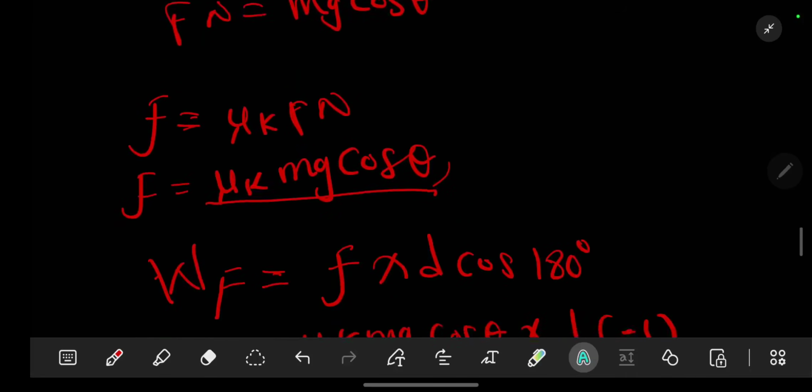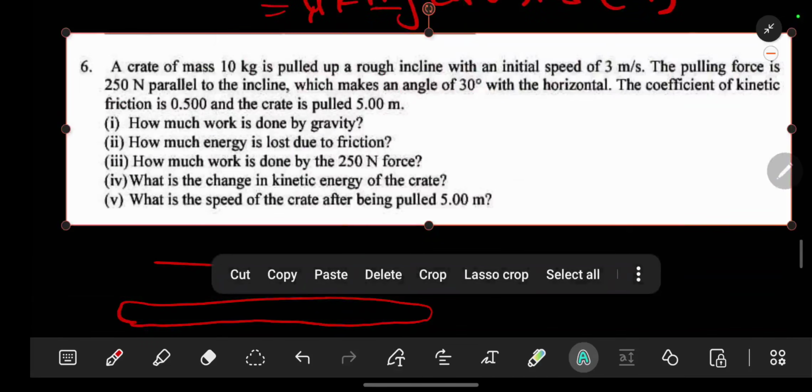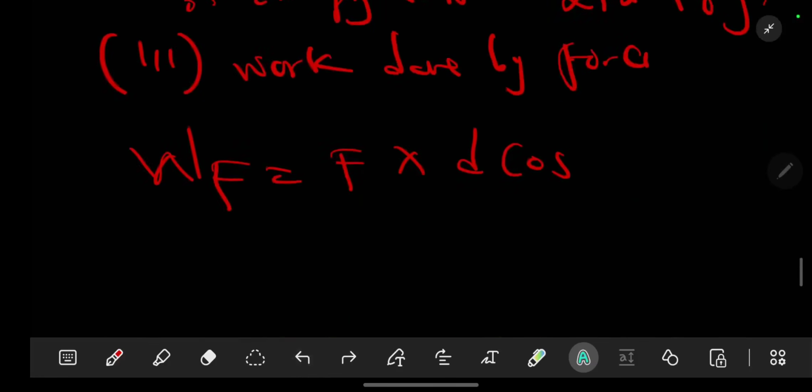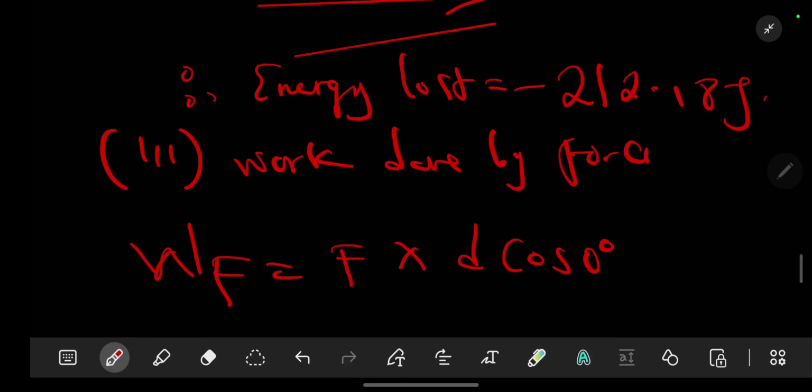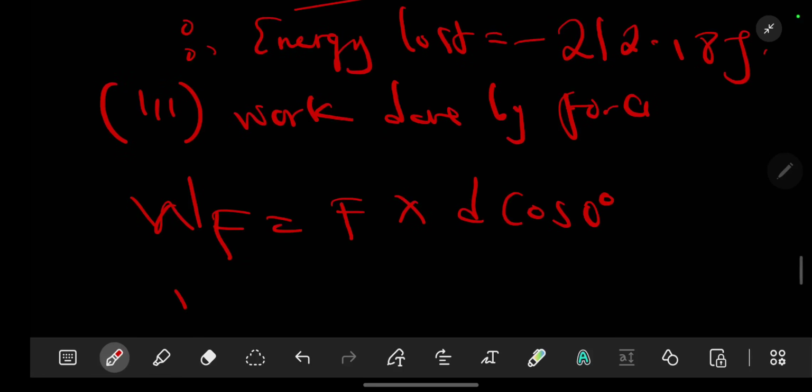So the work done by the force is 250 newtons times a distance of 5, times cos of 0.